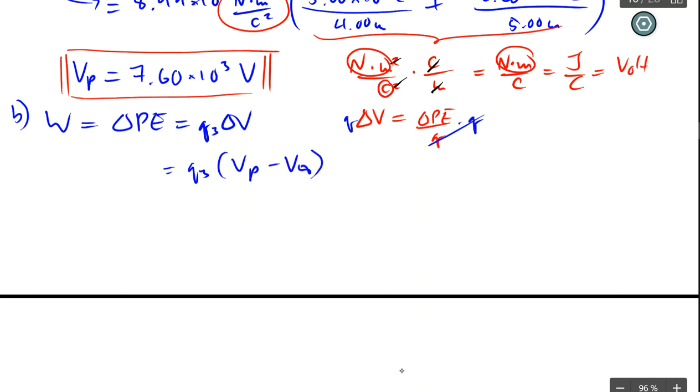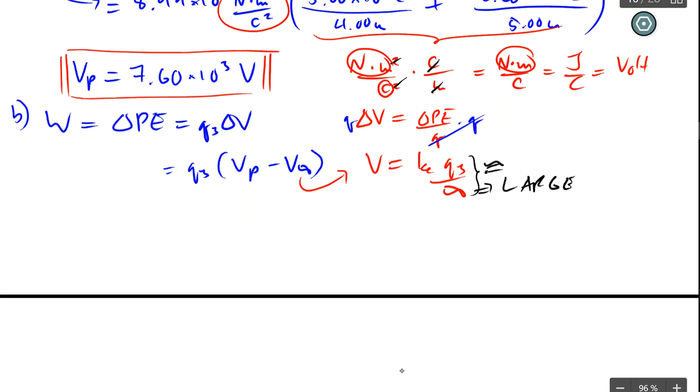Now what is this infinity? Let's break that down. If potential is k times Q3 over the distance, and the distance is infinity, defined as a very, very large number, then practically this entire thing would be extremely small.